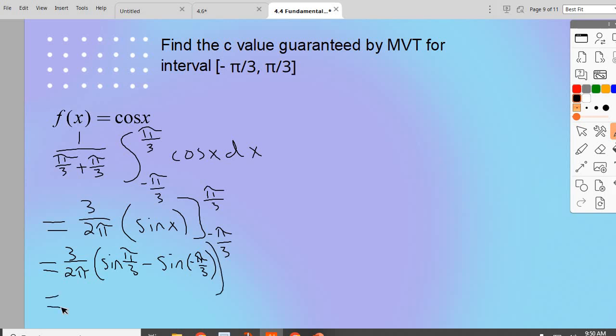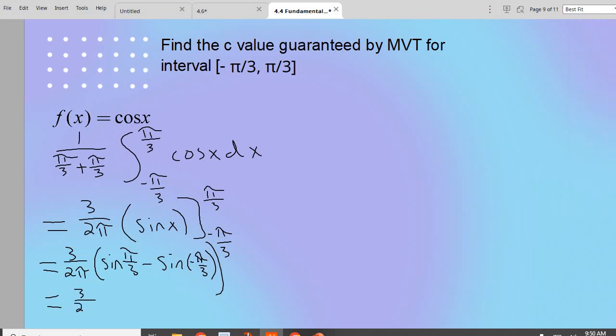Okay. Now what is sine of pi over 3? Square root of 3 over 2. Okay. Now, negative pi over 3 is still going to have a reference angle of pi over 3, but now it's going to be in our fourth quadrant, which means that sine is what?